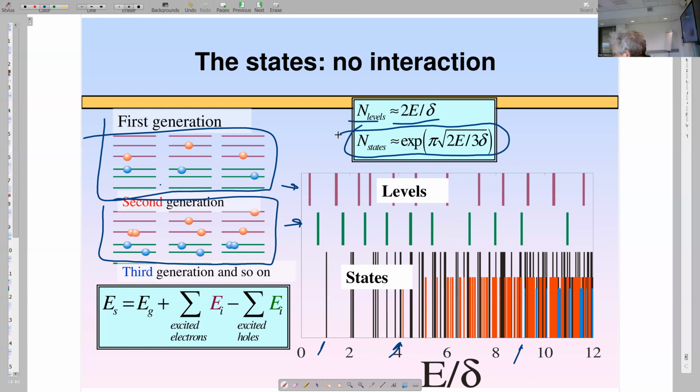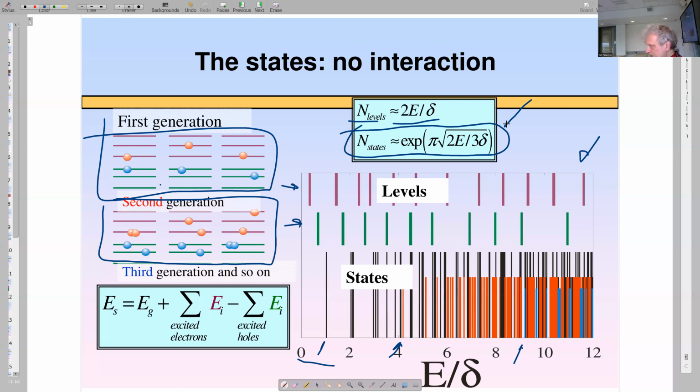So here I took 10 or 12 levels, so it goes from 0 to 10, but already in this strip I have more than 2,000 states. And if I increase the level spacing, if I increase this energy strip, I will have yet exponentially more levels. So one has to be careful with exponents.